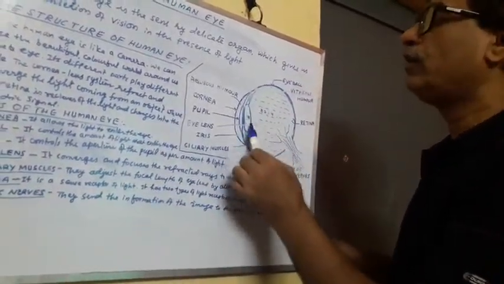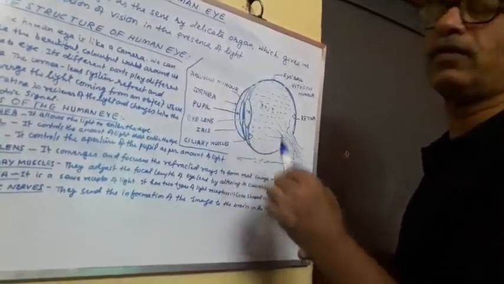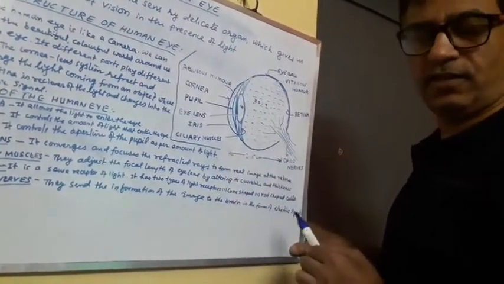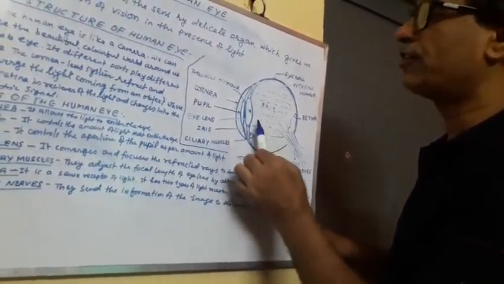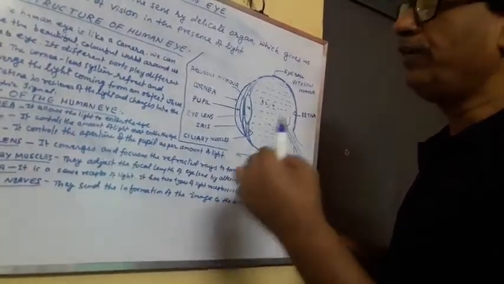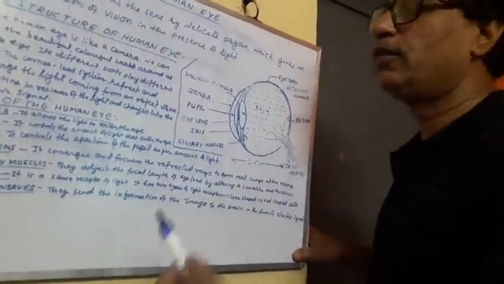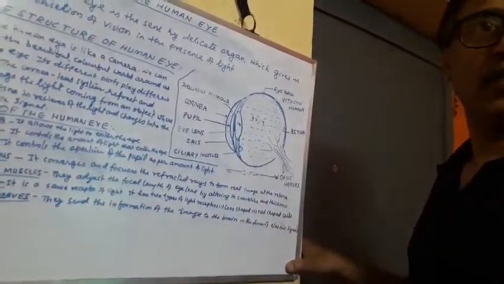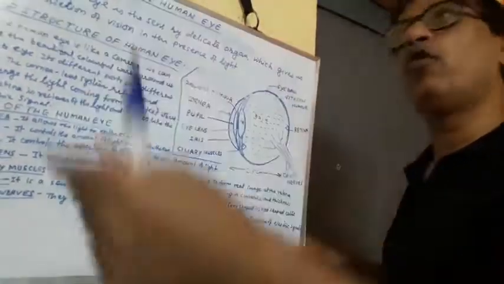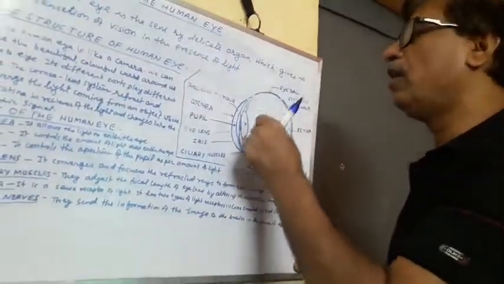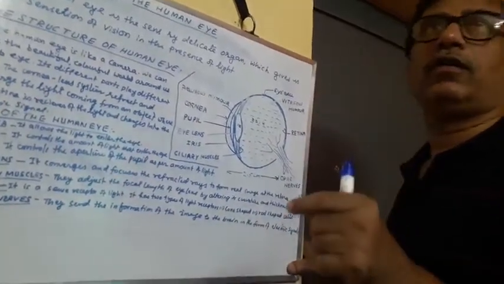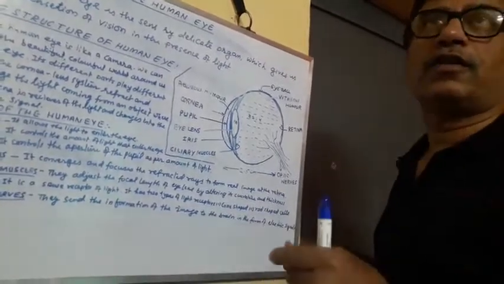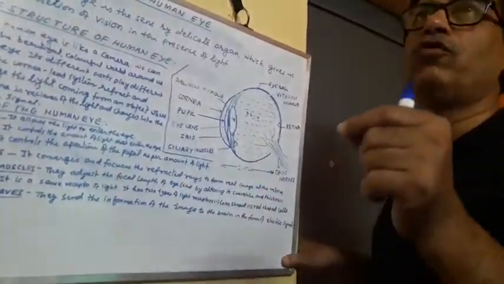As you know the eye lens is flexible, so the ciliary muscles can change its thickness and its curvature. When we see a nearby object, our eye lens becomes thick, so its focal length reduces. And when we see distant objects, the eye lens becomes thin, and its curvature is decreased. Therefore, its focal length is increased.